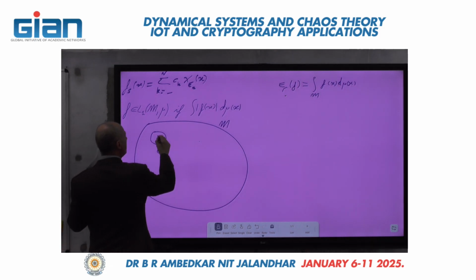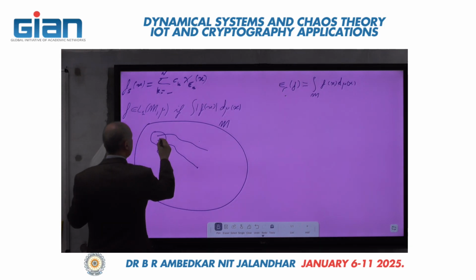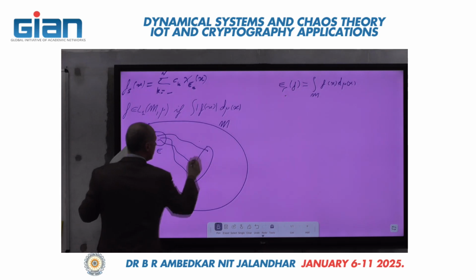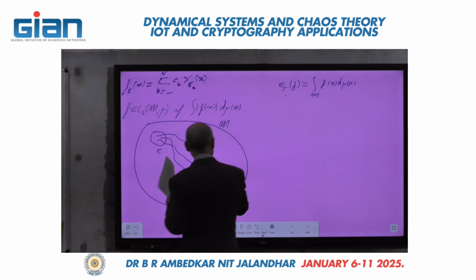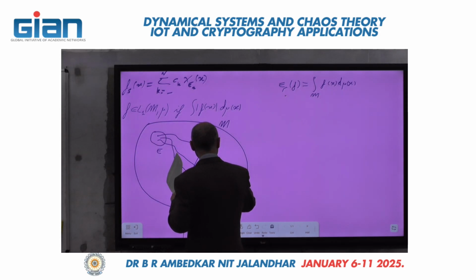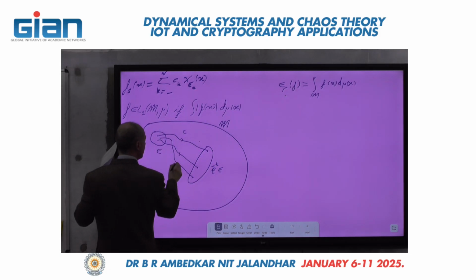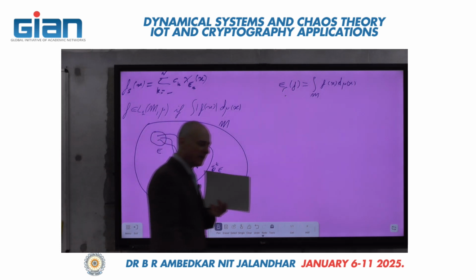And this point goes here, and this other point goes here, and this other point goes here. And so you have a new set. If it was an evolution for a time t, this set will be phi t of E. What does that mean?